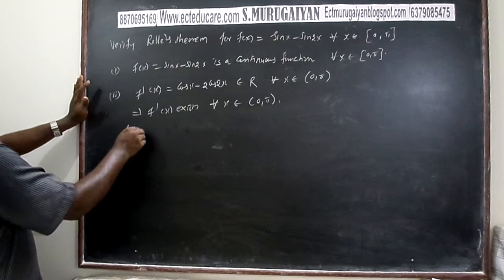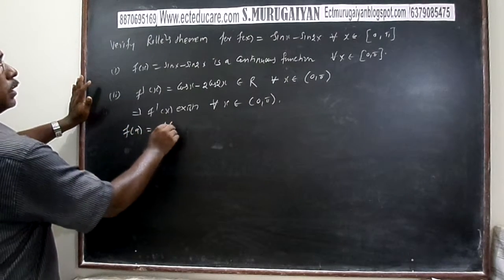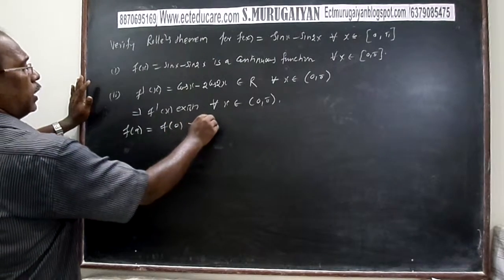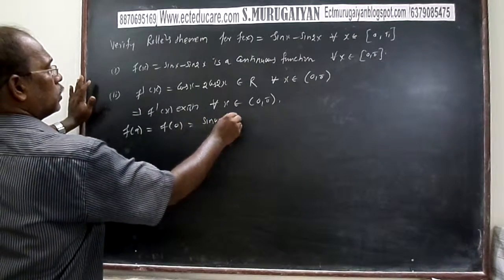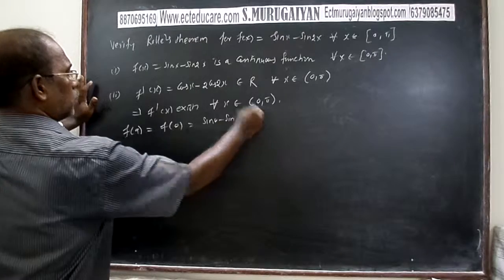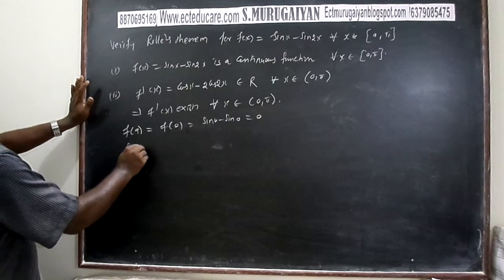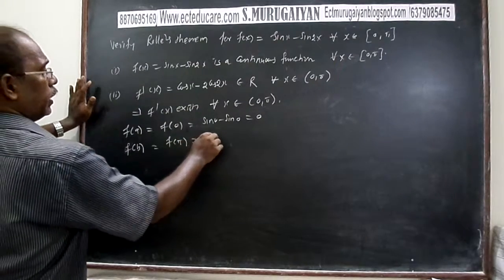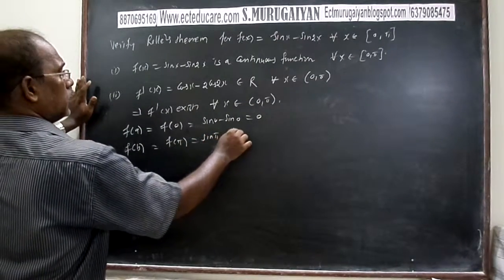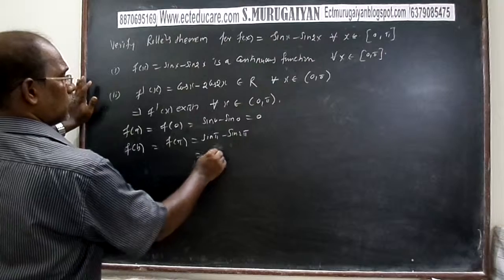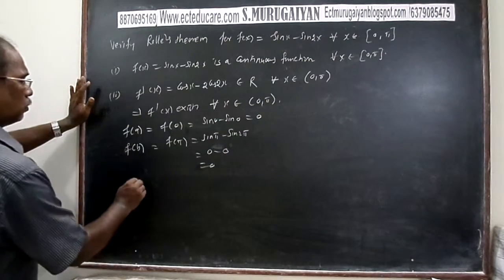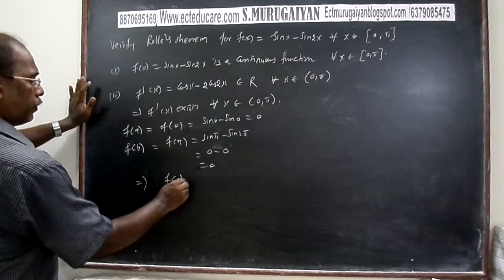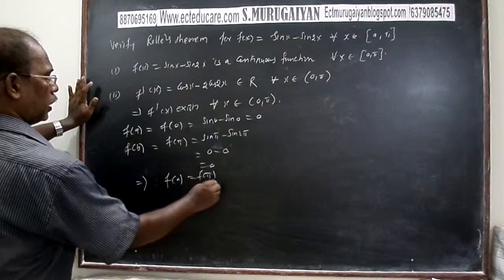Now what is f(a)? That is f(0), sin 0 - sin(2 × 0) is equal to 0, and f(b), f(π), that is sin π - sin 2π, 0 - 0 equals 0. This shows that f(0) and f(π) are equal.